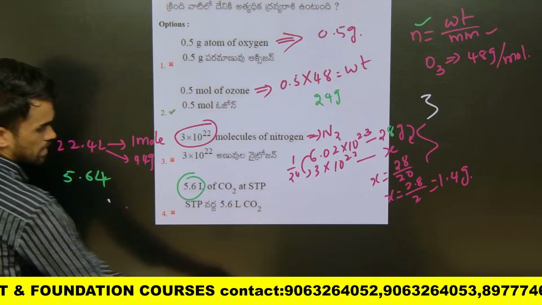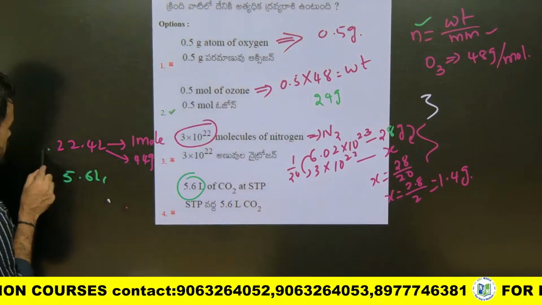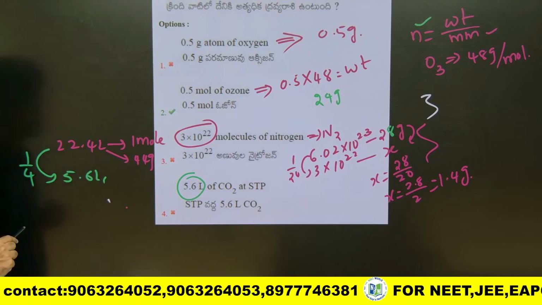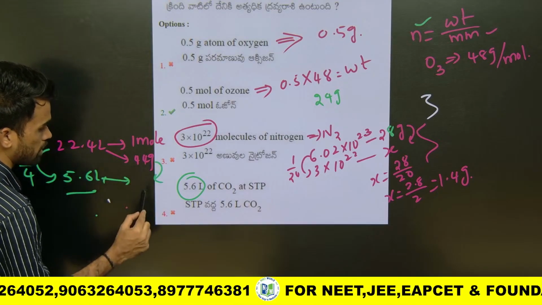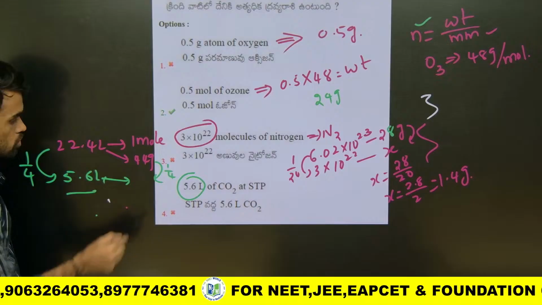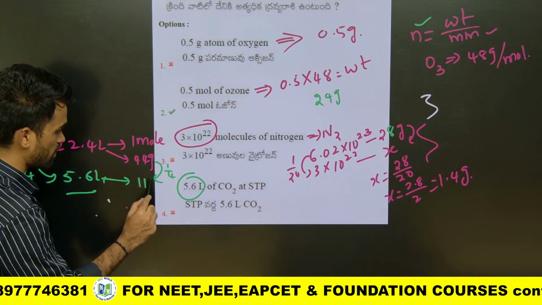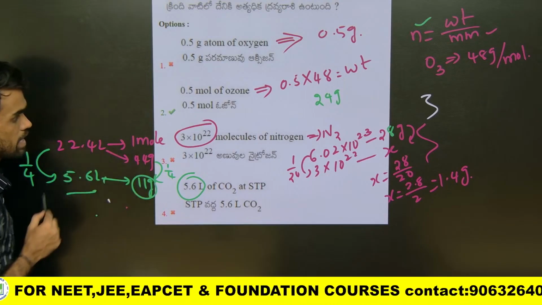How many times is it reduced? Just look here: it is reduced by 1 by 4 times, since 22.4 divided by 4 gives 5.6 liters. So here also you divide this number by 4. Divide 44 by 4 and you get 11 grams. So 5.6 liters of CO2 indicates 11 grams.